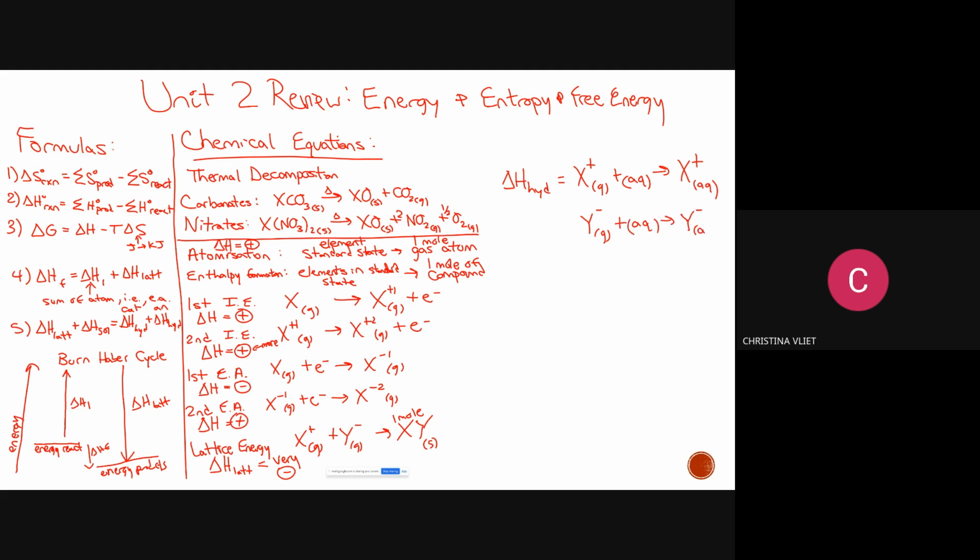This is basically just saying we are dissolving this ion in water, and we utilize the gas phase so that we can use the lattice enthalpy factor as part of the equation. So it helps us put together the enthalpy of solution equation.